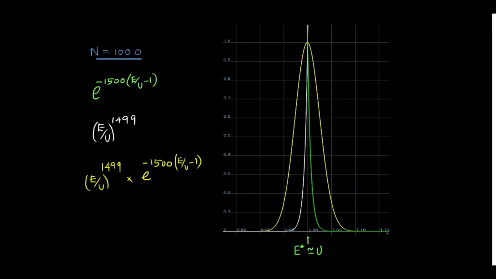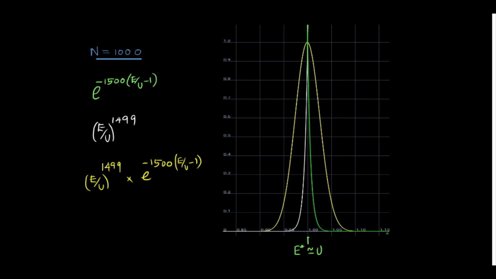Okay. Now, what happens if you take n equal to 1000? Then the exponential factor becomes e raised to minus 1500 instead of 10. When it is 10, here it is e raised to minus 15. When it is 1000, it becomes e raised to minus 1500 into e by u minus 1.